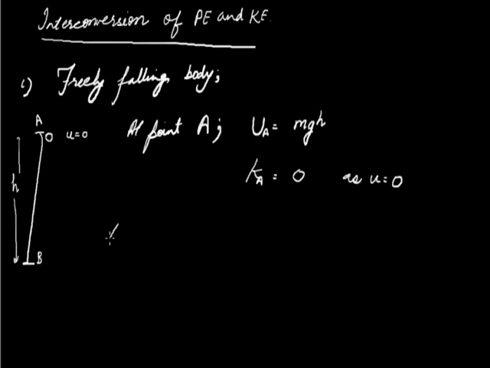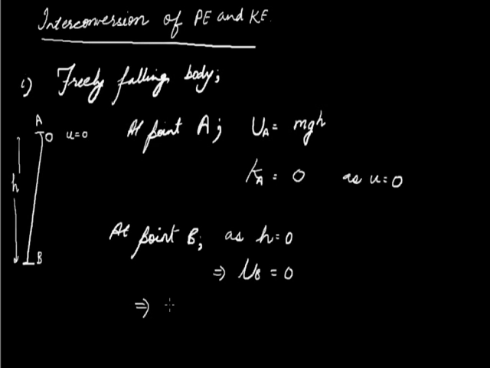is also 0. Now if we talk about point B, when the object is just about to strike the ground, as h becomes 0, the potential energy at point B also comes equal to 0. Now, what about the kinetic energy?